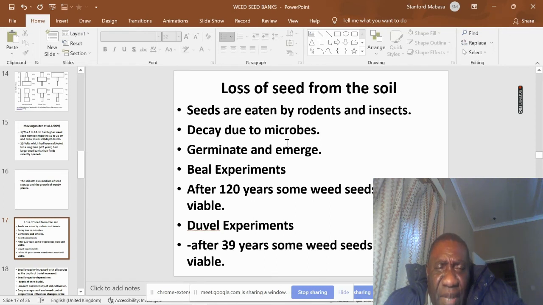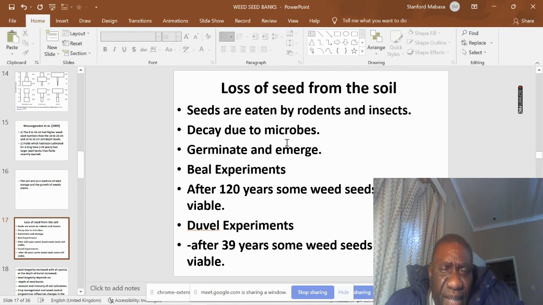One of the experiments done by Beal, known as the Beal experiments, indicated that there are some weed seeds which can stay alive in the soil for 120 years and it would still be viable.